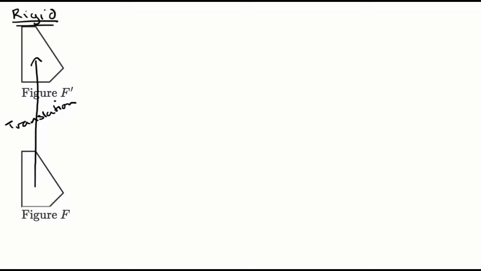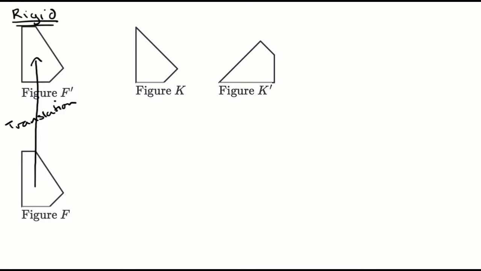Let's do another example. So what rigid transformation do we need to do to go from figure k to figure k prime? These don't look like they're in the same orientation, but if we were to take figure k and rotate it, let me look at the corresponding sides. So this side looks a lot like this side, and this side looks a lot like this side.